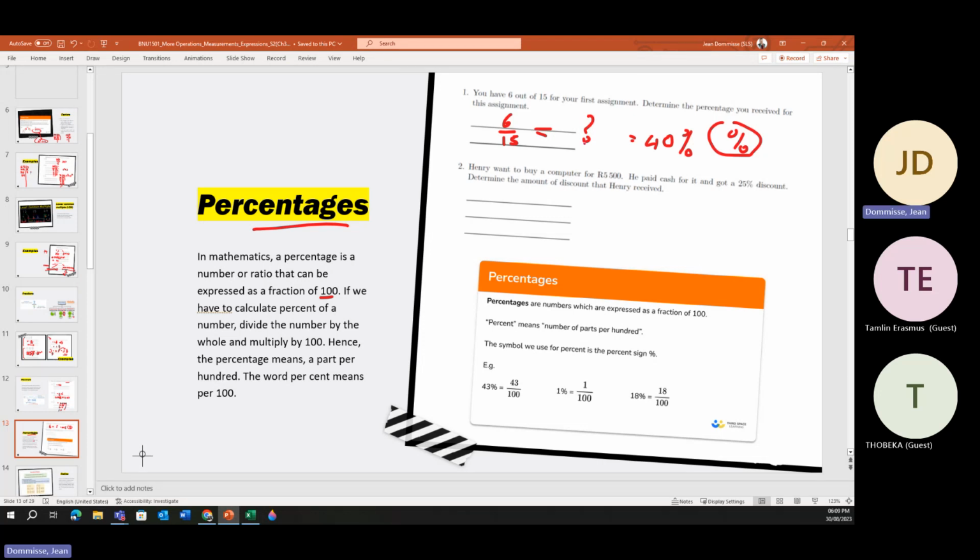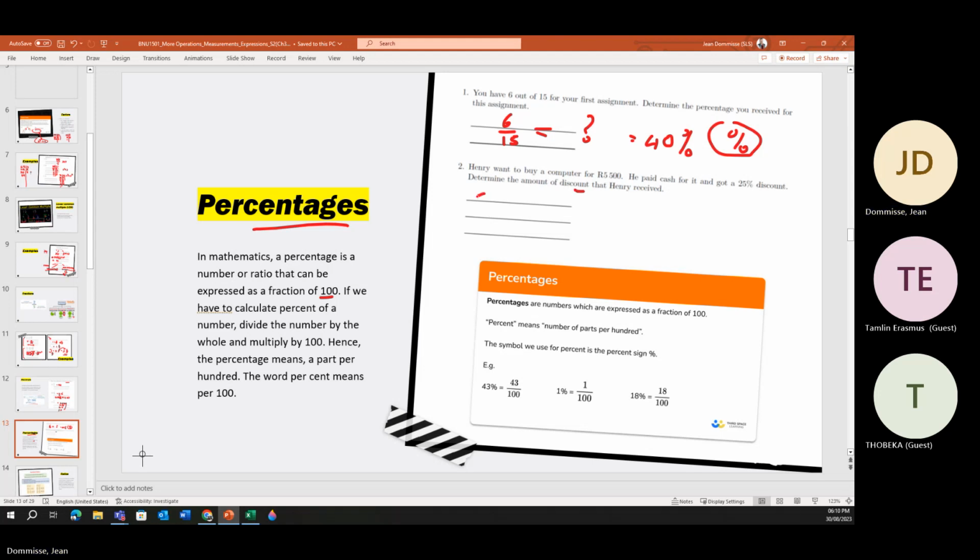Okay, the other thing that they can ask you is to say, well, you buy something, you pay something, and you get a discount on it. Or the other way around, they can say, well, you buy something and you pay a tax on it. So you need to add the percentage to it. So in this instance, they said, okay, but you get a discount of 25%, and determine the amount of a discount.